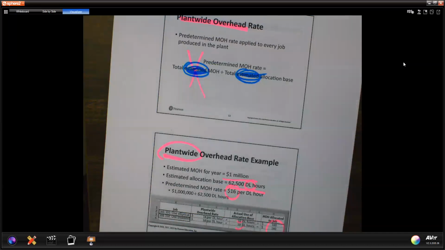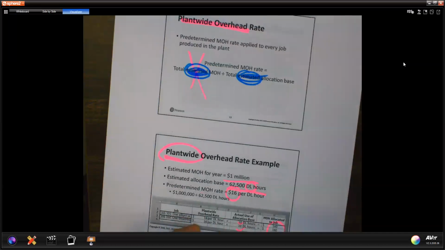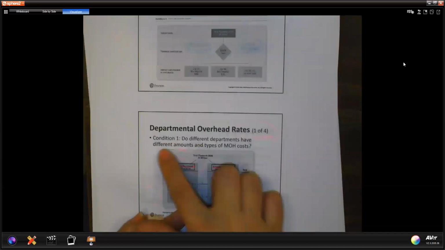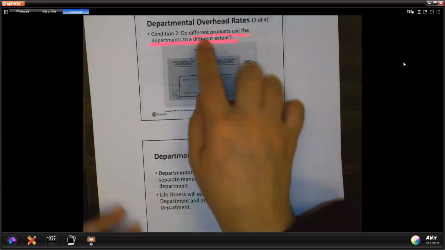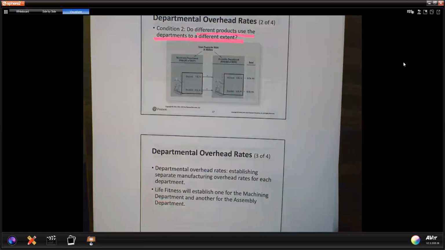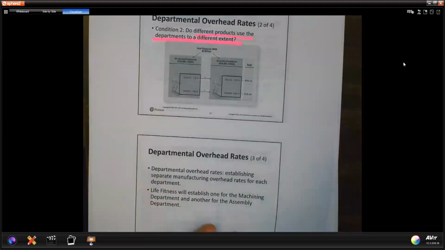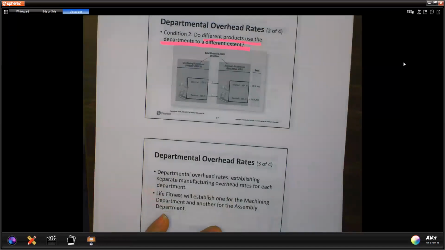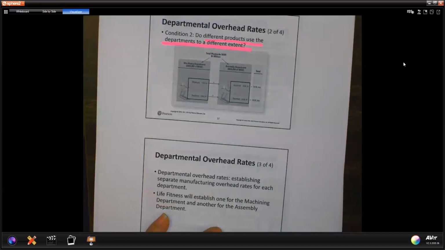There are two specific reasons to use it. First, different departments have different amounts and types of manufacturing overhead. And second, different products use different departments to different extents. If you have those two reasons, think about a departmental rate instead of the plant-wide rate, okay?